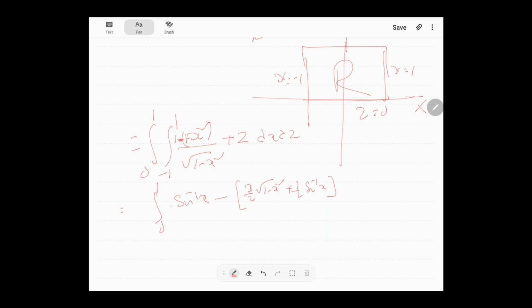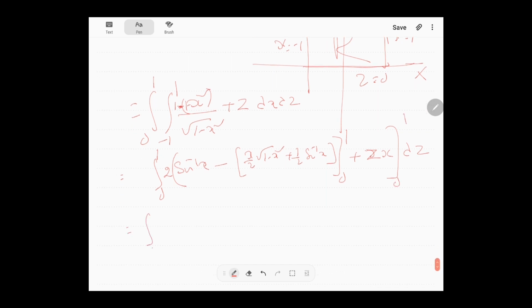Because it is an even function, I can say that it is twice the integral 0 to 1, plus the integral of z into x, dz. Next, I need to substitute between 0 to 1. If I substitute between 0 to 1, I'll get sine inverse 1 is pi by 2, minus this will be 0.